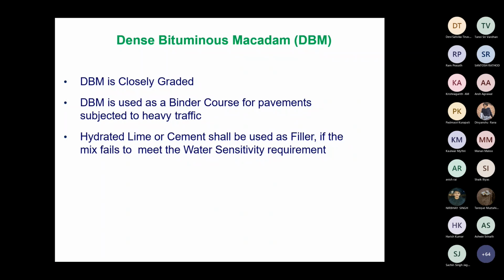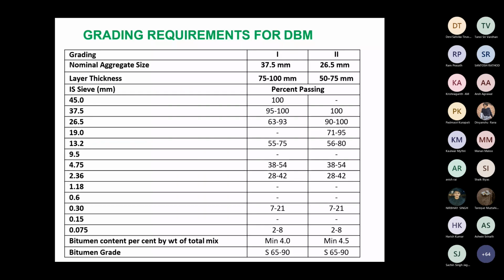Hydrated lime or cement can be used as filler if the mix fails to meet the water sensitivity test. Okay, this is a grading requirement. For DBM, if the layer thickness is 75 to 100 mm, you can choose grading 1. If it is 50 to 75 mm, grading 2 can be chosen. And the gradation requirement is given.